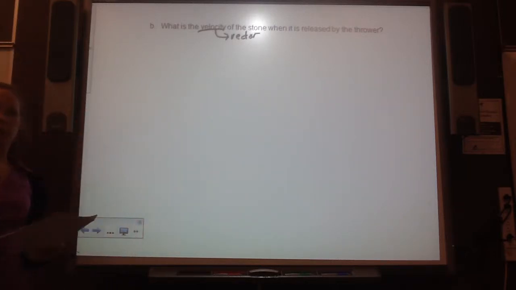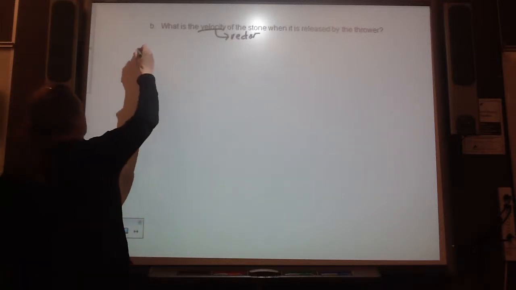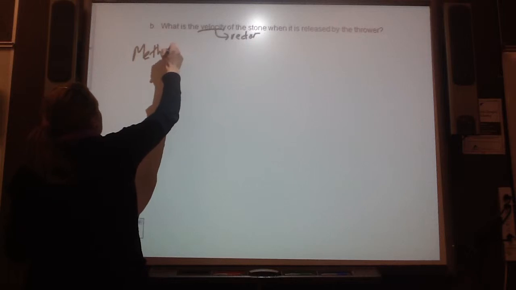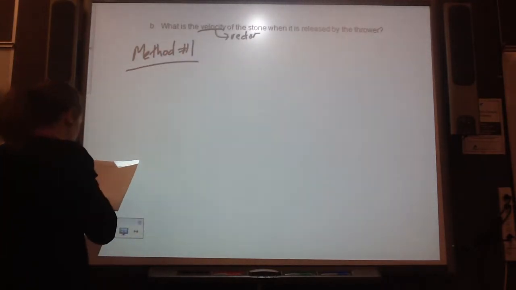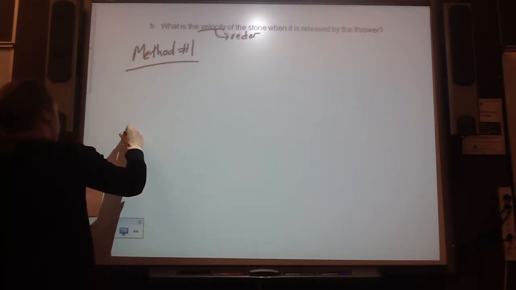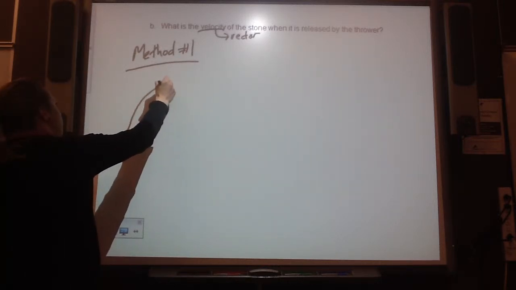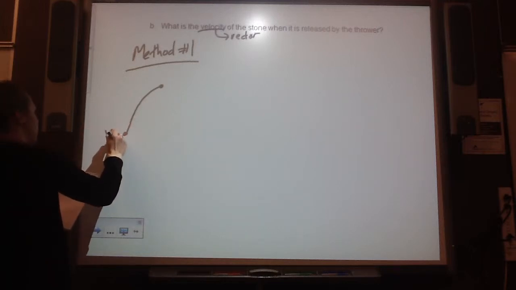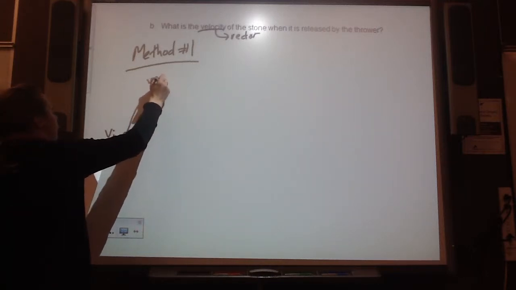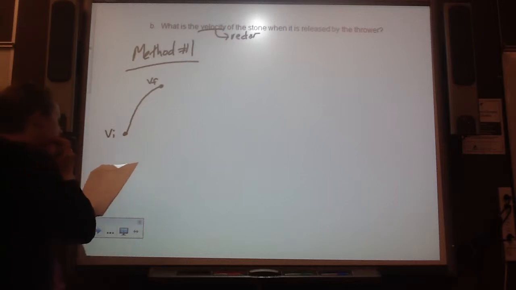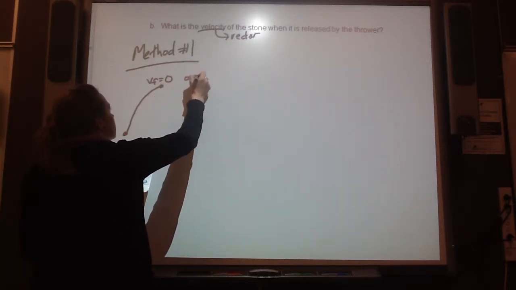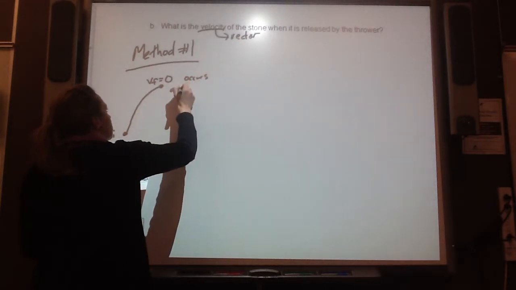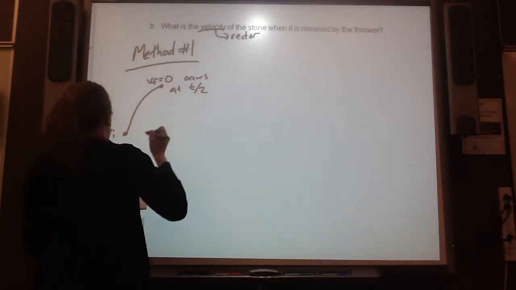There are actually two methods to go about doing this question, so I'll show you each one. Method number 1. I'm thinking about throwing the ball up. So this is VI and this is VF at max height. I know my VF is 0, and this occurs at t divided by 2.